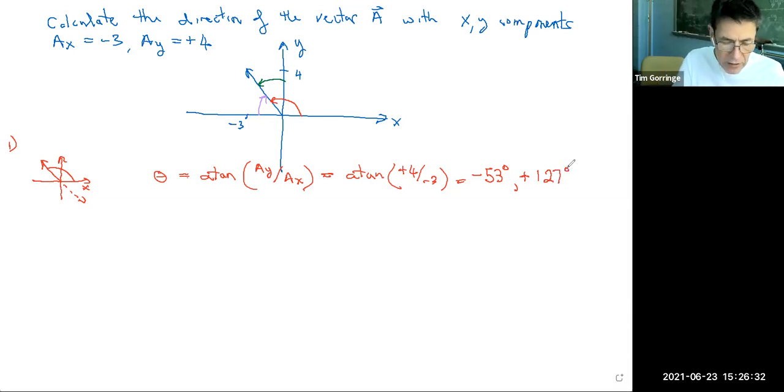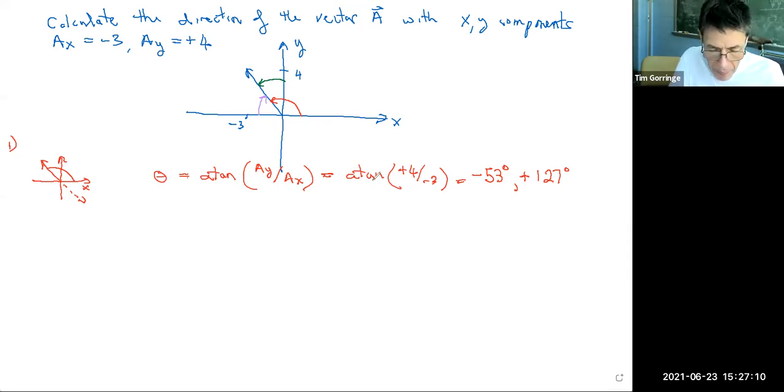It's 127 degrees. Those two directions are shown here. This one up towards the top left is 127 degrees around from the positive x-axis in the counterclockwise direction. This one downstairs here is 53 degrees away from the positive x direction in the clockwise, the negative, direction of measuring an angle.